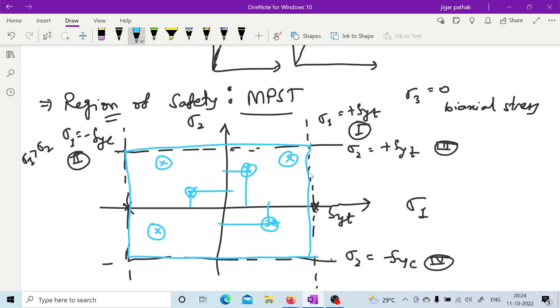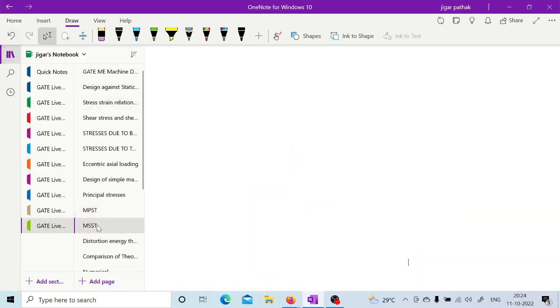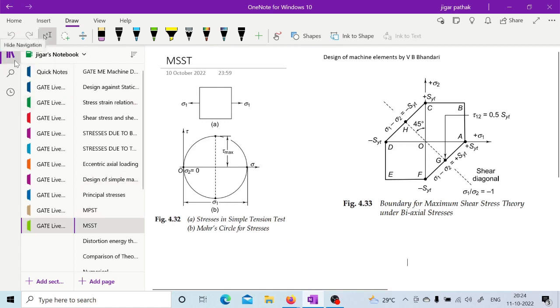Yes. So if any point lies outside this envelope, then you will have failure because this particular stress is exceeding the limit. So this is the failure region. This particular point you can consider under the failure region. So this is how we have the maximum principal stress theory. Now if you go for the next one, the maximum shear stress theory.